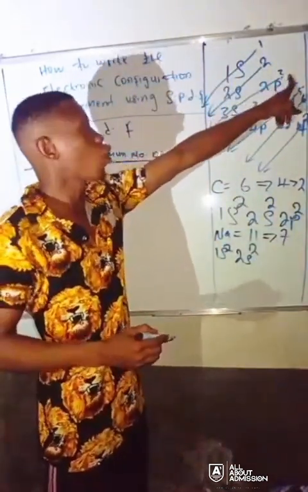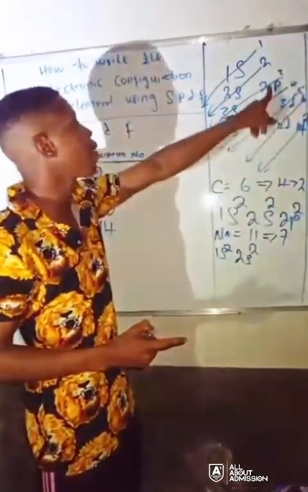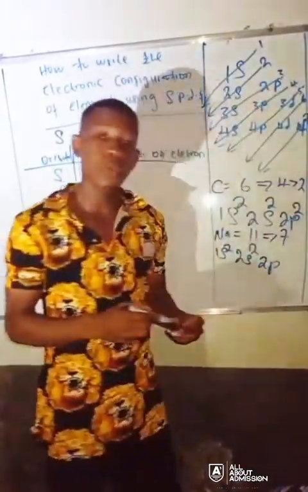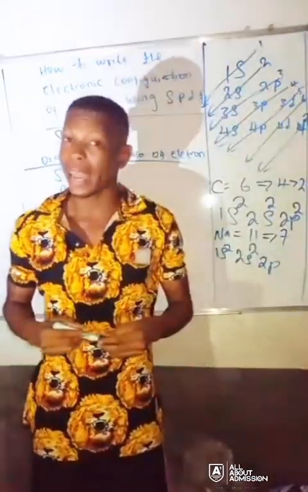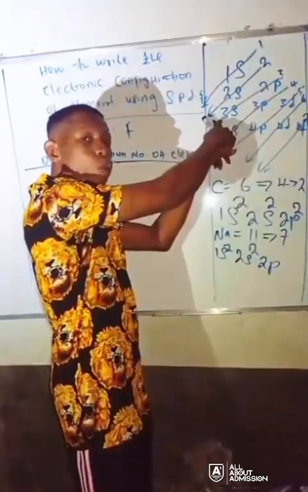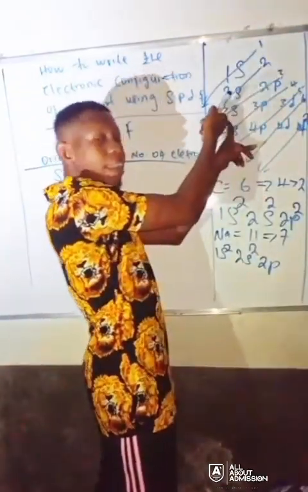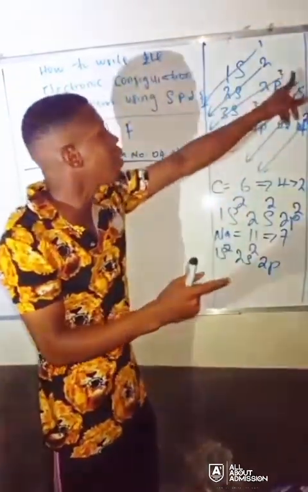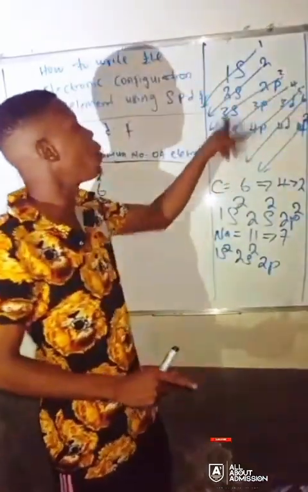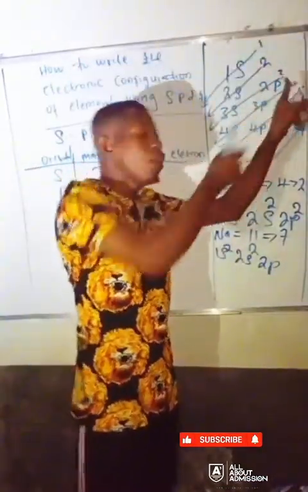You will now get over to the third line. In the third line, the first thing you are seeing here is 2p. So you will now write 2p. But we still have 7 electrons, right? Now remember, before you can get to this 3s, I have already said that when you get to the third line, you must make sure that you have filled this one first and this one before you can think of going to the next line.